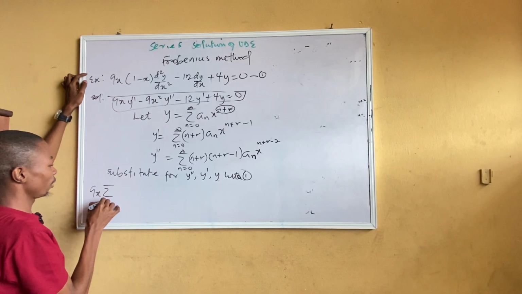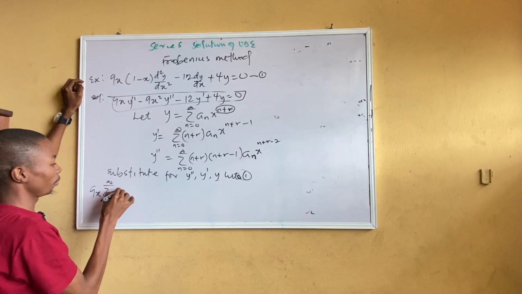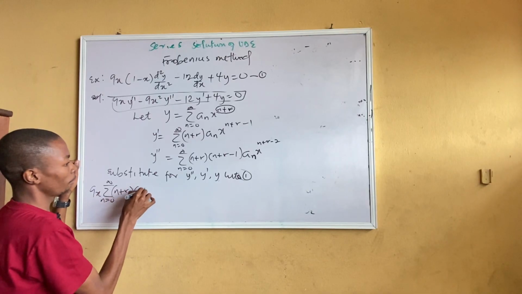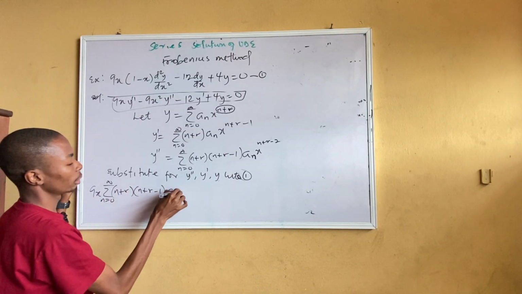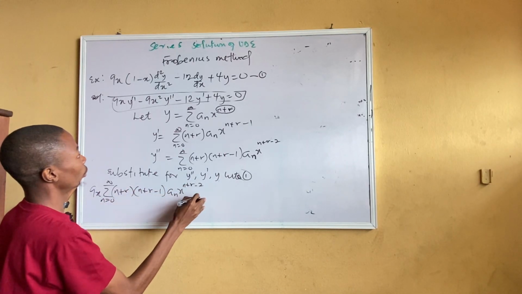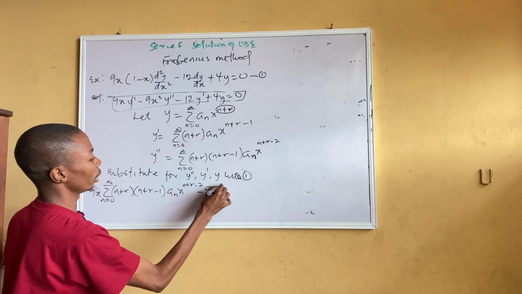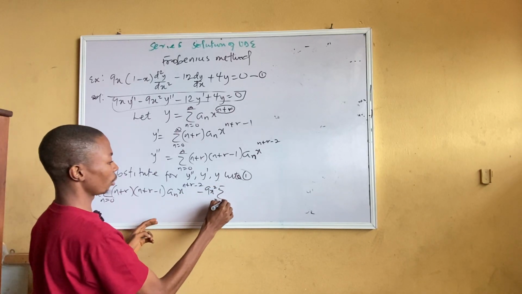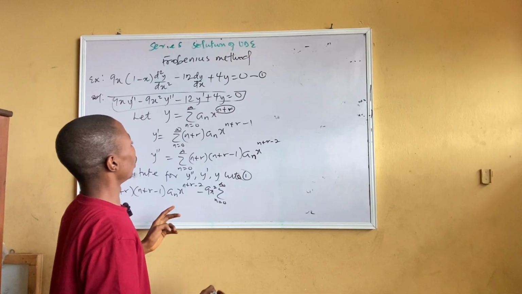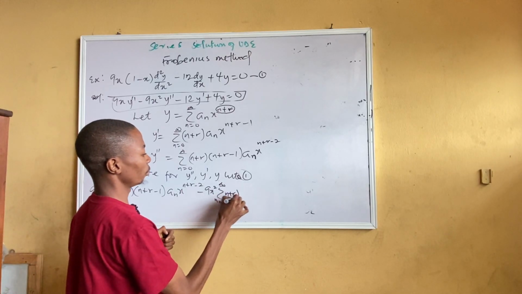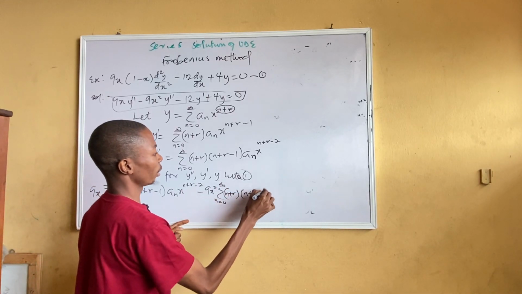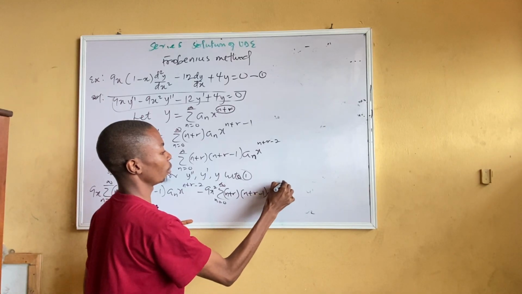So the summation n from 0 to infinity of n plus r times n plus r minus 1, a n x raised to the power n plus r minus 2.